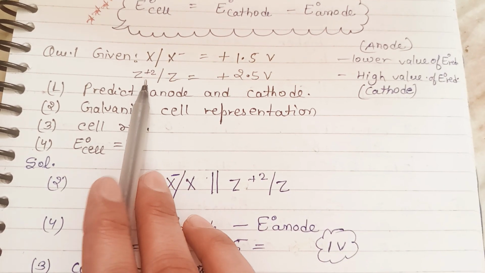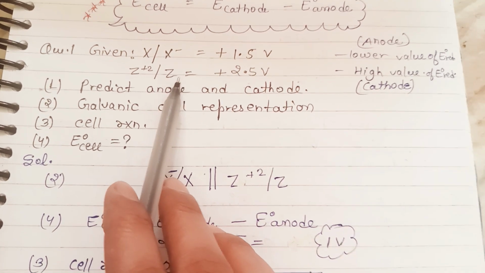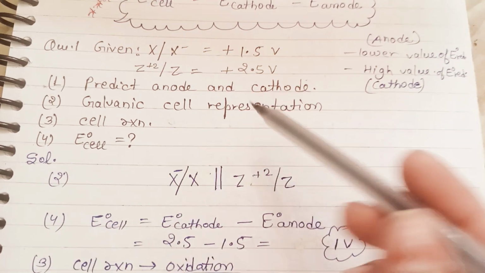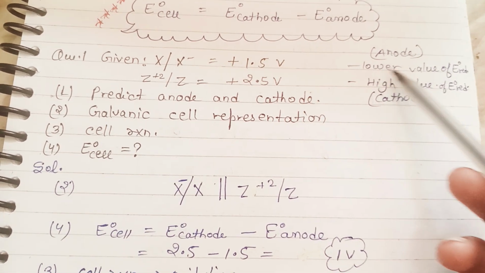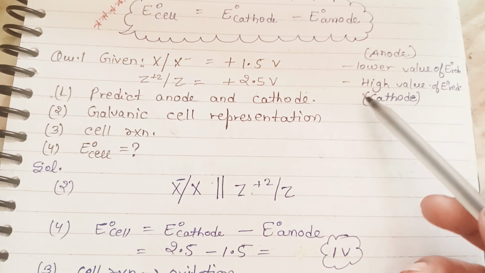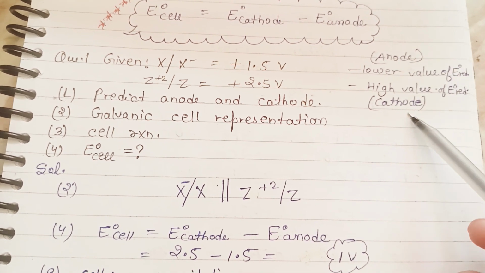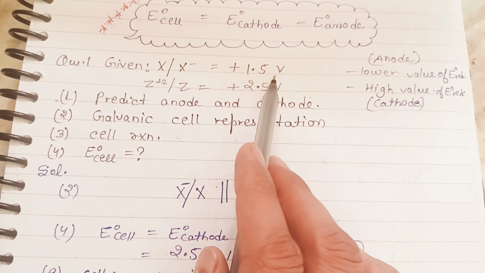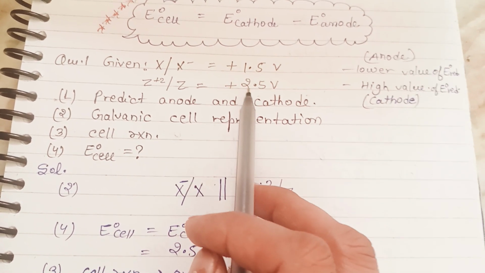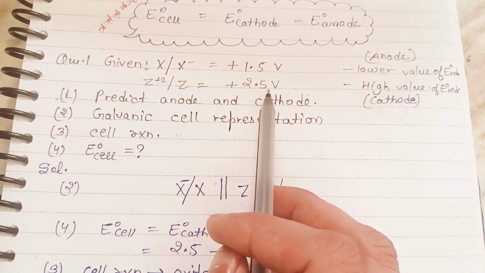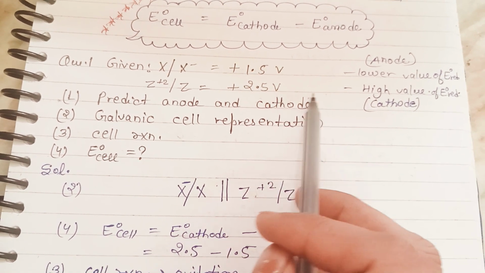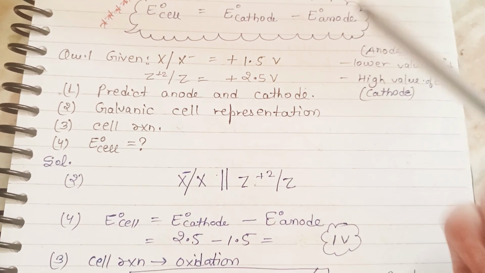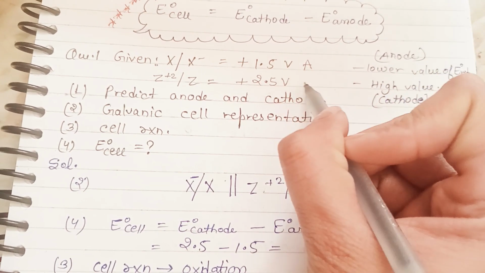And here we have oxidation state +2 that decreases to 0, so it is also a reduction potential. So the lower value of E reduction, 1.5 volt, is anode, and the higher value of E reduction, 2.5 volt, is cathode. So this is anode and this is cathode.